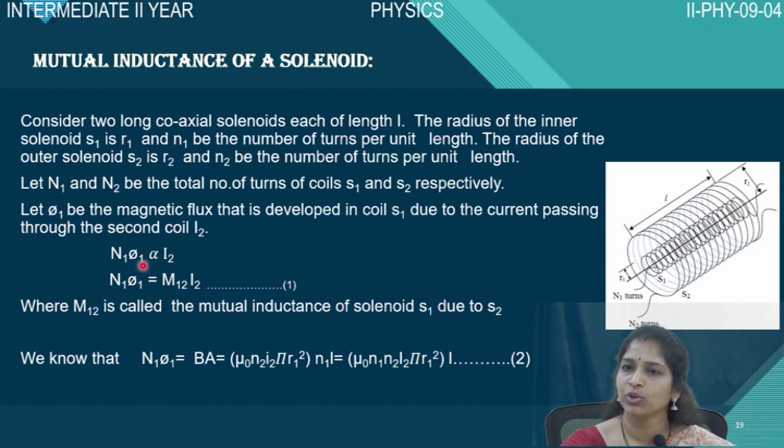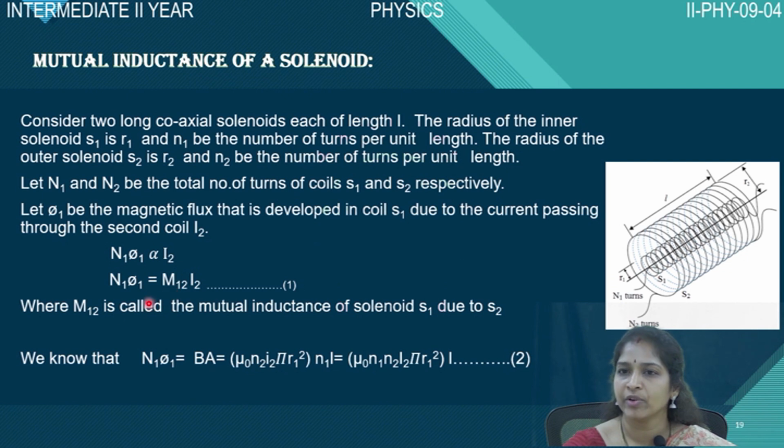Now, if we remove this proportionality, we get a constant. So remove the proportionality and write the constant. Here the constant, I am not writing as M. It is M12. Why M12? We have already written here: flux that is developed in S1 due to current passing through S2. That is why we write it as M12.